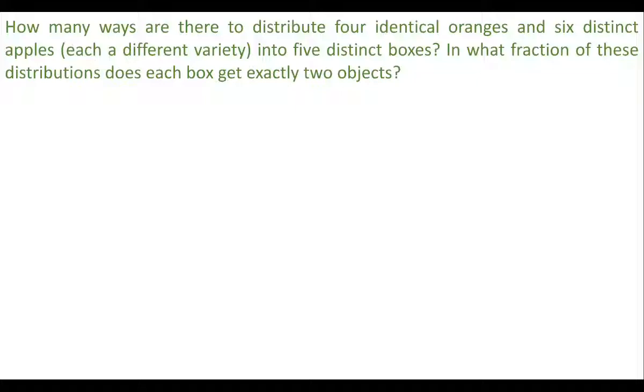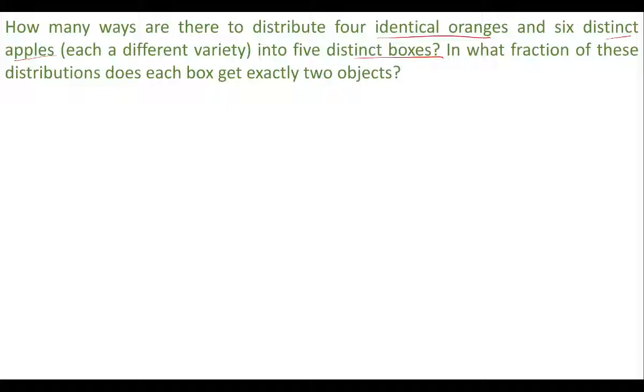How many ways are there to distribute 4 identical oranges and 6 distinct apples into 5 different boxes? One is a problem of arrangement, one is a problem of selection.